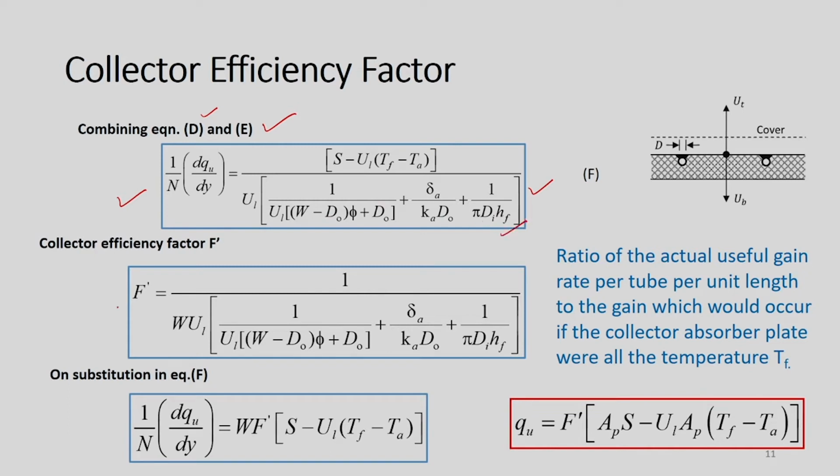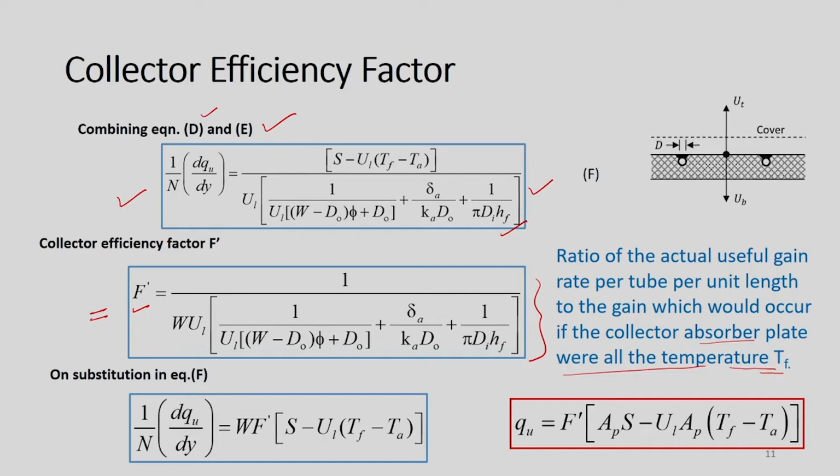Now, we can define this collector efficiency factor F dash, which is nothing but this. It is the ratio of the actual useful heat gain rate per tube per unit length to the gain which would occur if the collector absorber plate were all at the temperature of Tf.